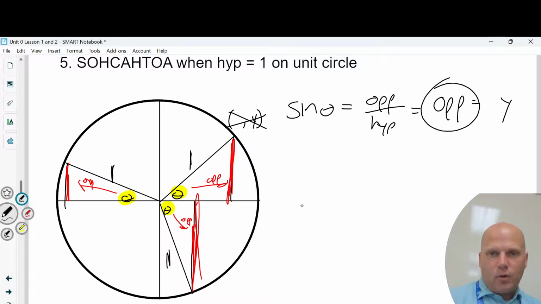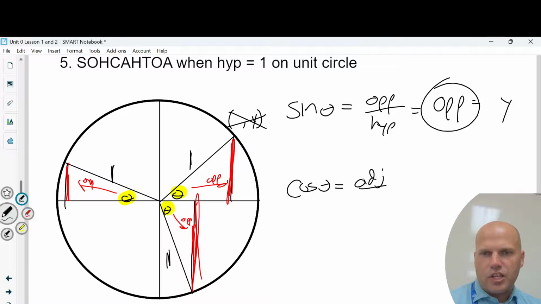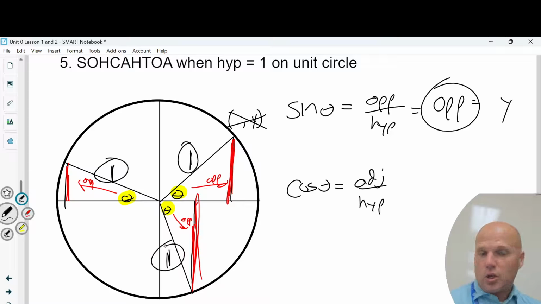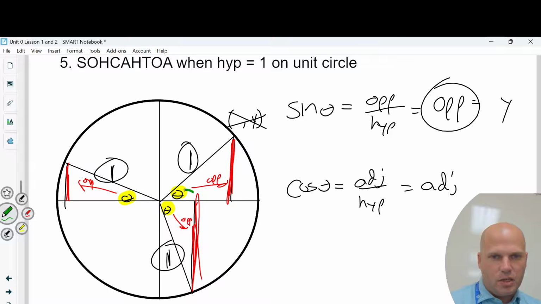What we realize if we take the cosine of an angle, the cosine of the angle is the adjacent over the hypotenuse. Well, since the hypotenuse is always one, and it's always a positive one, the cosine of an angle in the unit circle is always going to be the adjacent. Well, the adjacent is always going to be this horizontal length, whether it's here or here or here.